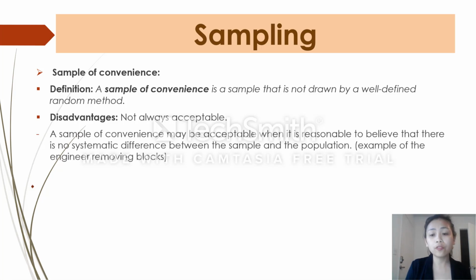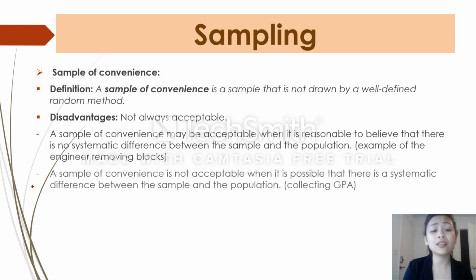For example, if you look back to the example of the engineer removing blocks, a sample of convenience in this case is acceptable because it's reasonable to believe that there is no systematic difference between the sample and the population. But if you think about the sample of collecting GPA, that sample of convenience is not acceptable because there is a systematic difference between the sample and the population.